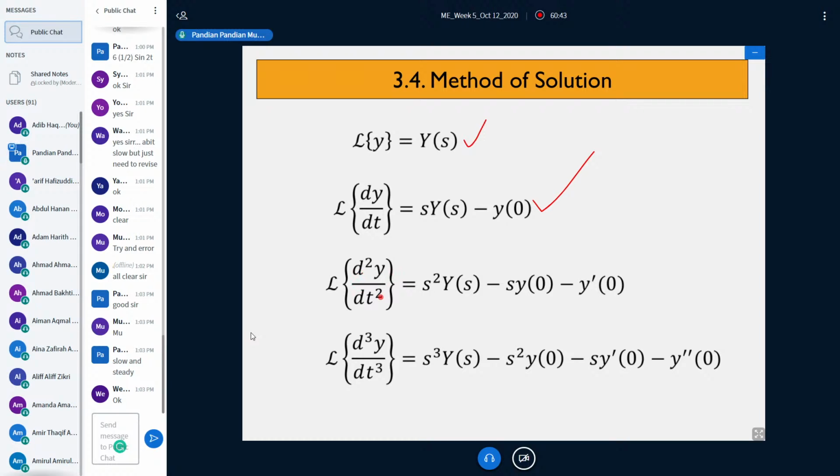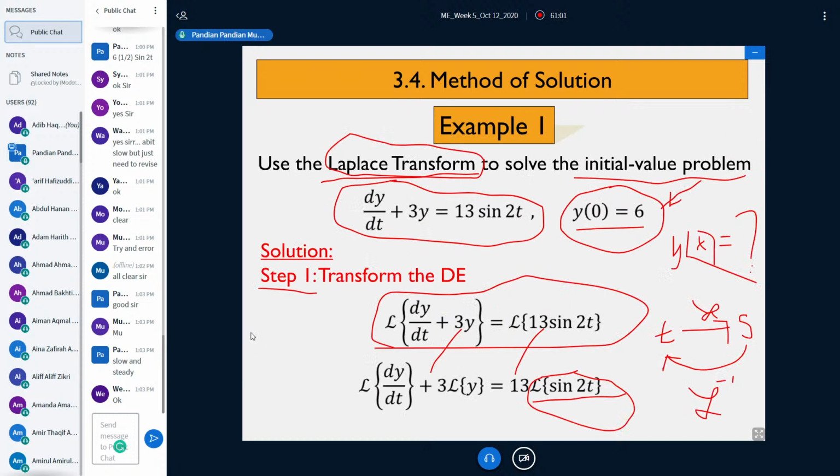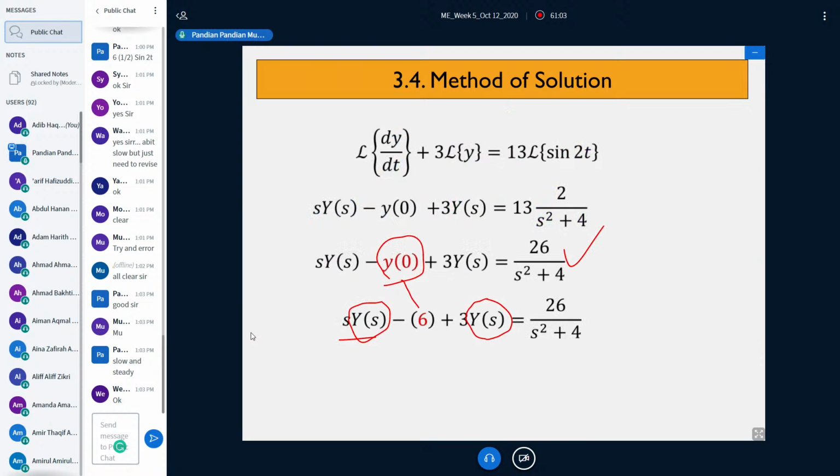Laplace of d²y/dt² equals s²Y(s) minus s y(0) minus y'(0). This one is given, this one is also given, so you can substitute these values. That's why the initial conditions are very, very important, because you can substitute the values and then solve the problem.